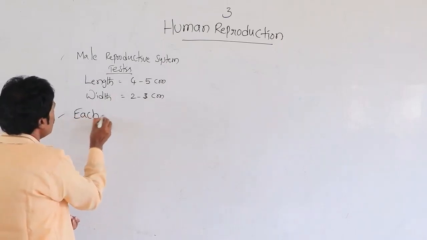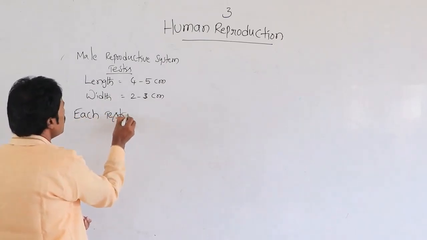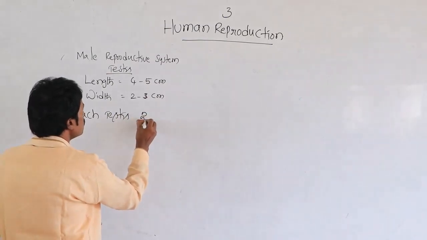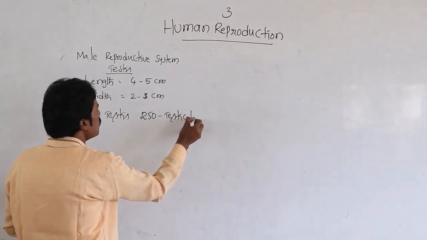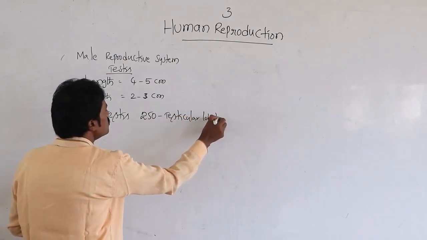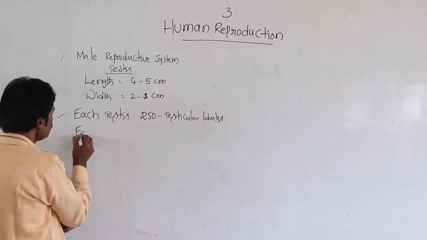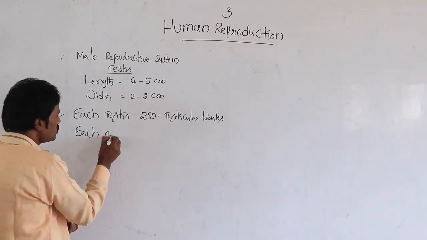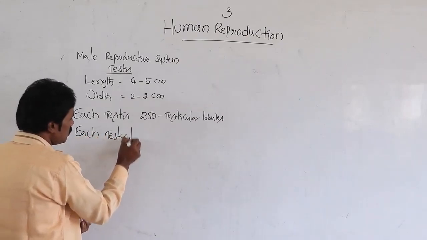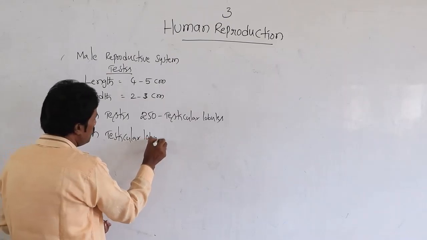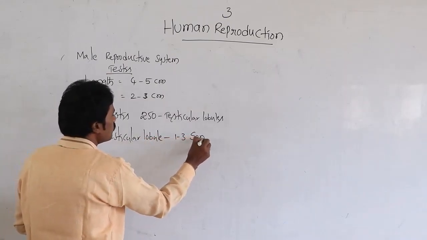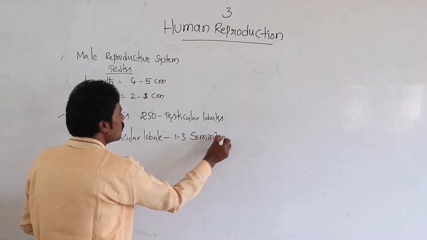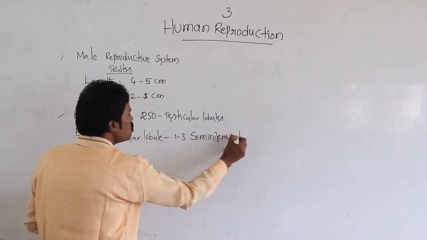So each testis contains 250 testicular lobules. Then each testicular lobule contains 1 to 3 seminiferous tubules.